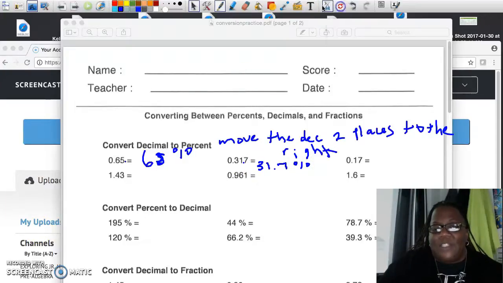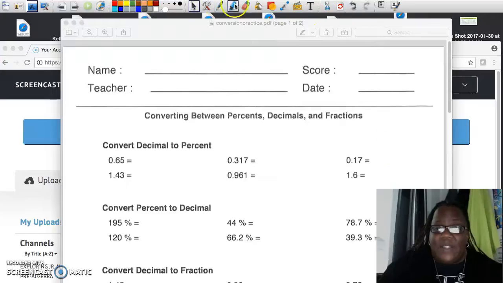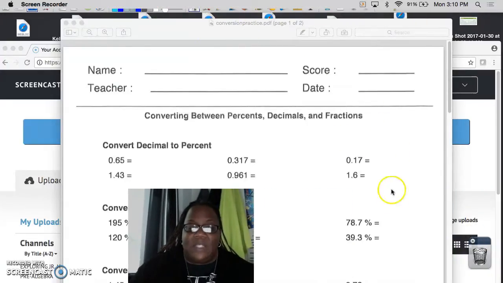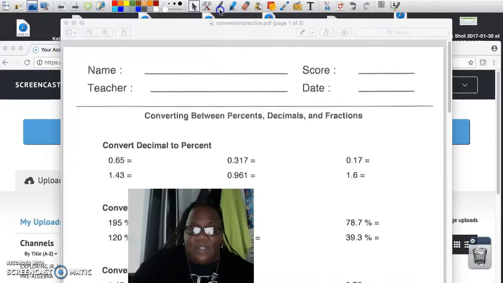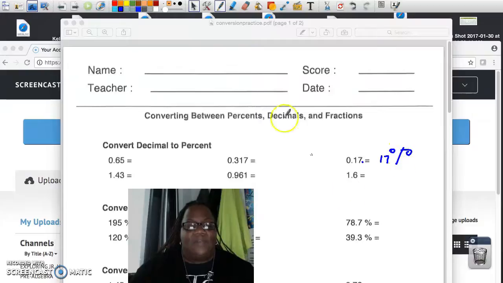Okay? So changing decimals to percents is rather easy, because all you have to do for every single one of these, no matter where the decimal is in the original problem, is move it 2 places to the right. 1, 2. So that is 17. Remember, if it's at the end, I don't really have to add the decimal at the end. I can just keep it at 17 and just put the percent sign up. Okay?